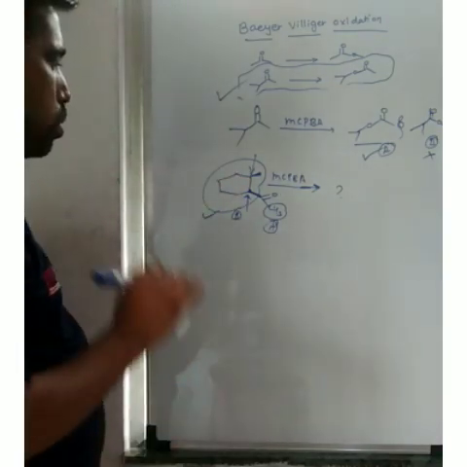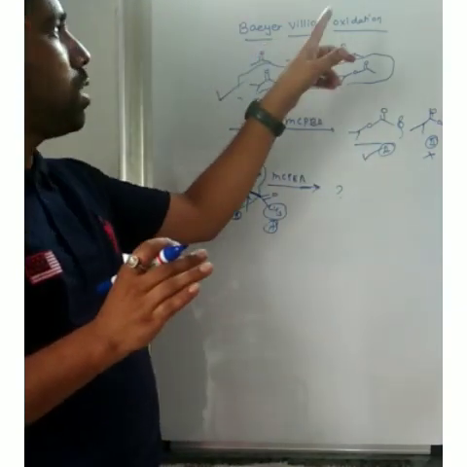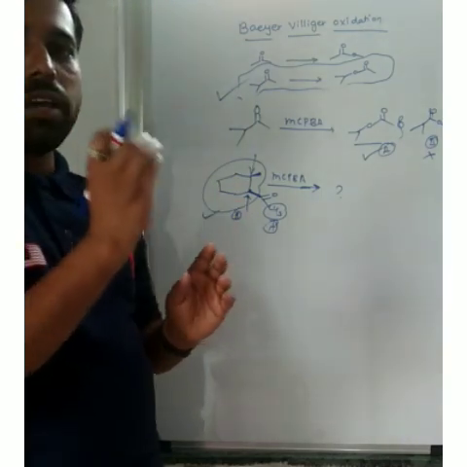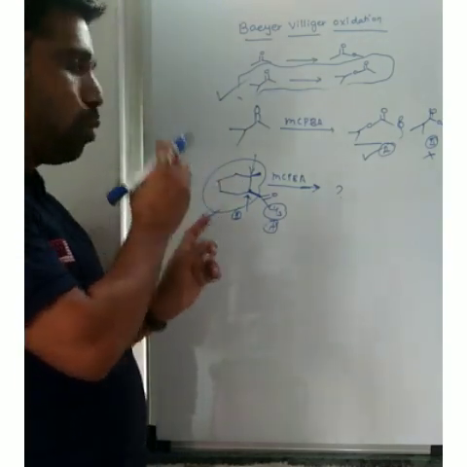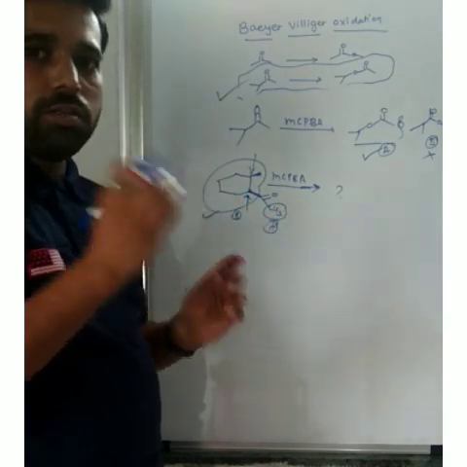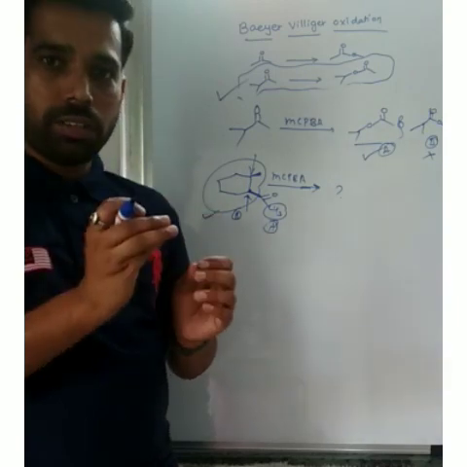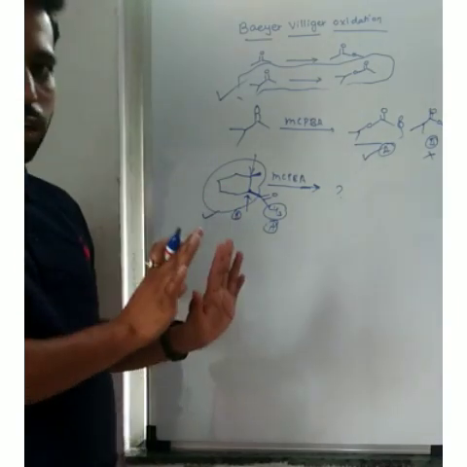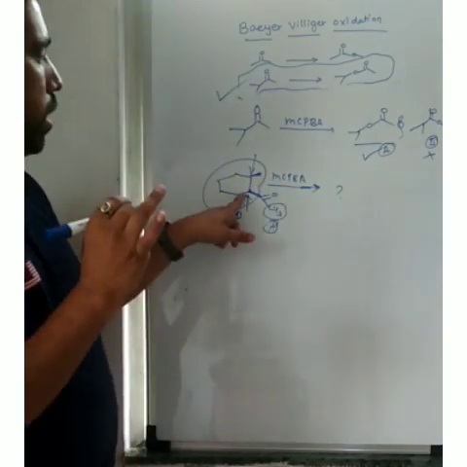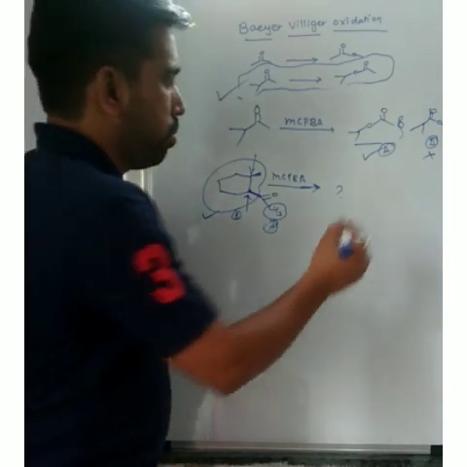There is retention of the stereochemistry in the Baeyer Villiger oxidation reaction, because in the transition state there is a migration from the migrating origin to the migrating terminus, that is a 1,2 migration. In a 1,2 migration there is retention of configuration. So there is no change in the stereochemistry at the migrating origin after migration.